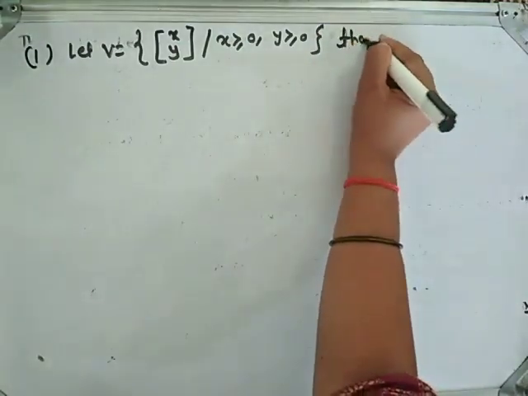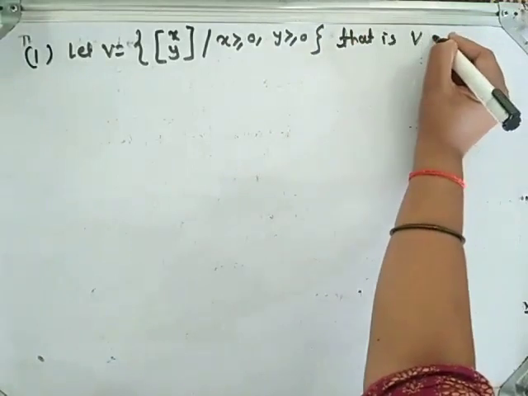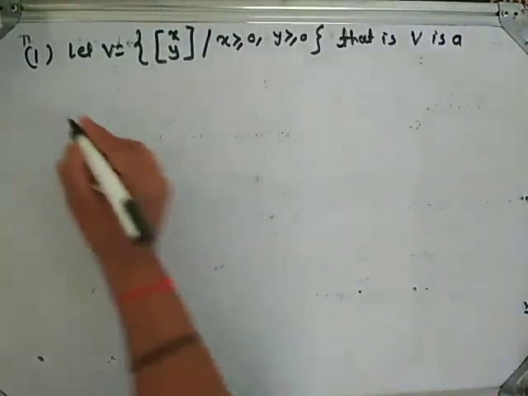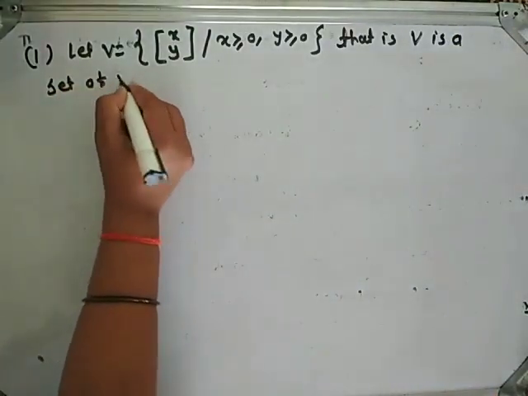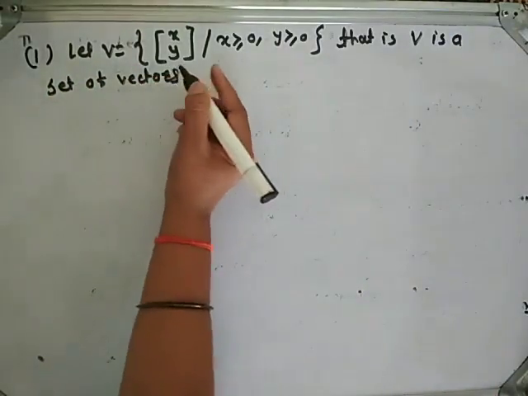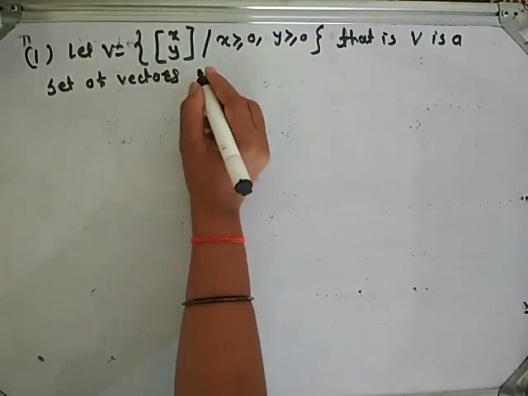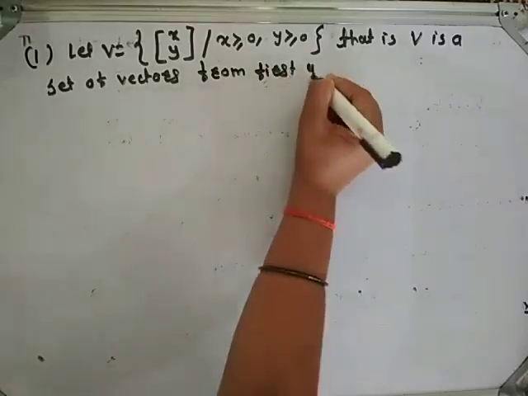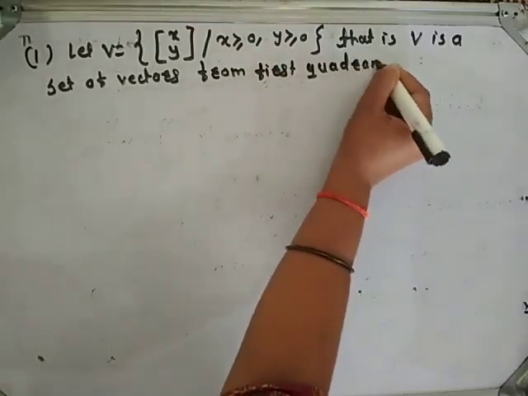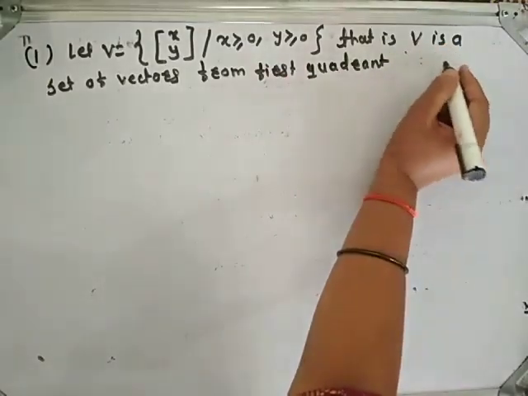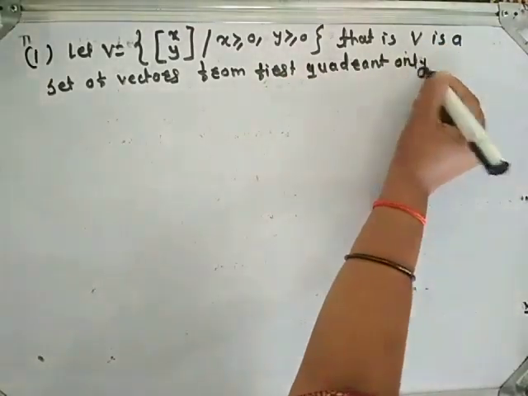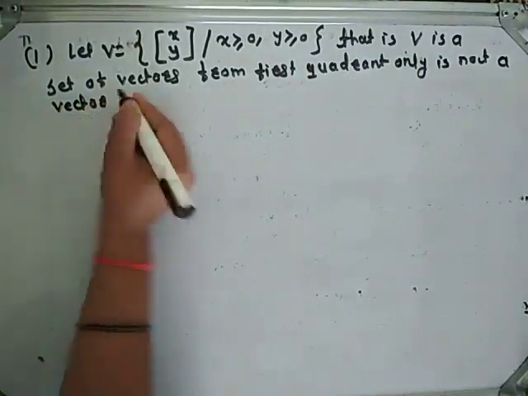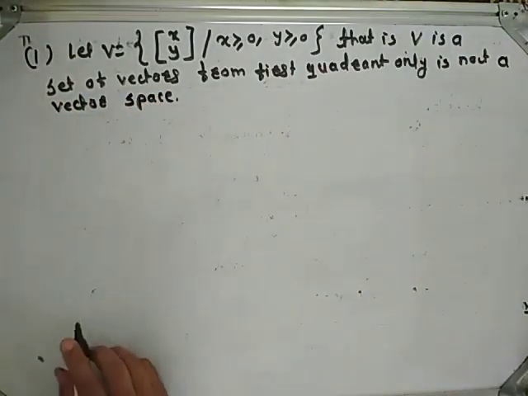That is, V is a set of vectors from the first quadrant only. This is not a vector space.